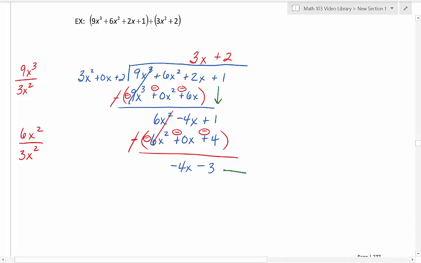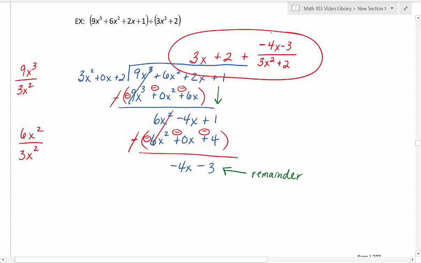That tells us that this is our remainder. We're going to put our remainder into our quotient in fraction form. So we're going to write plus, and then our remainder over our divisor. You can either write the divisor with the placeholder or without the placeholder. There's no real need to include the placeholder, so I'm going to opt to not include the placeholder in my remainder.